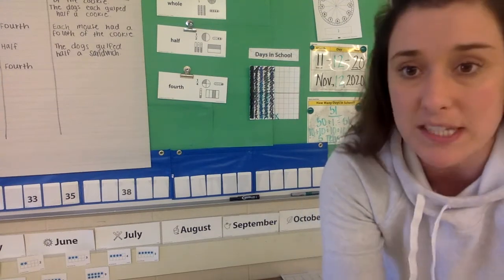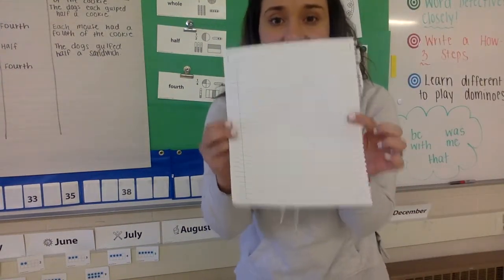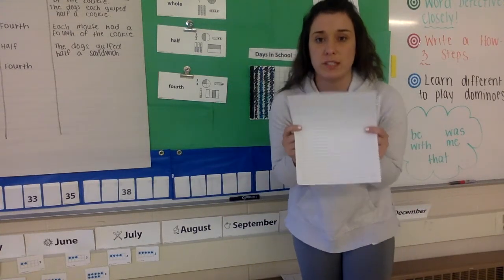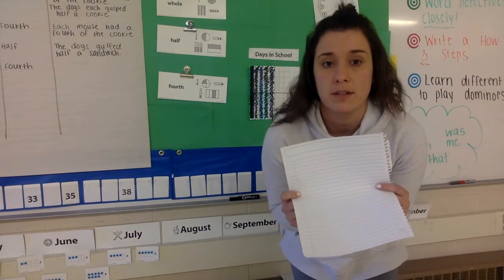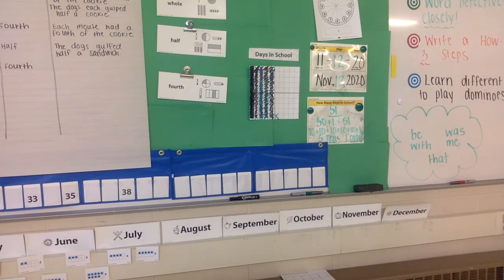Here's what we're going to do. I want you to take your piece of paper and fold it in half. So what does that mean? Think about what it means if I ask you to fold something in half. I'm going to do it, and I want you to do it on your own. Fold your paper neatly in half.